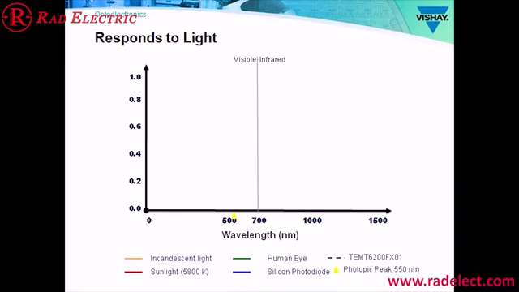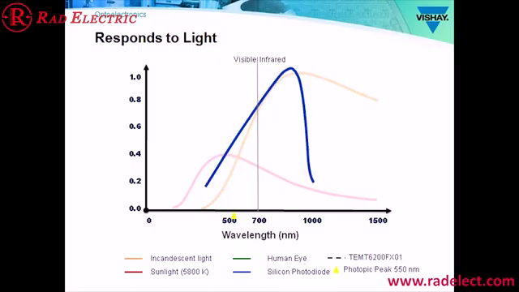An ambient light sensor must distinguish between many different wavelengths of light. For example, sunlight contains a broad range of UV, visible, and infrared light, while incandescent and fluorescent lights contain visible and infrared light. Using a standard silicon photodiode as an ambient light sensor won't work because it is sensitive to both visible and infrared light.